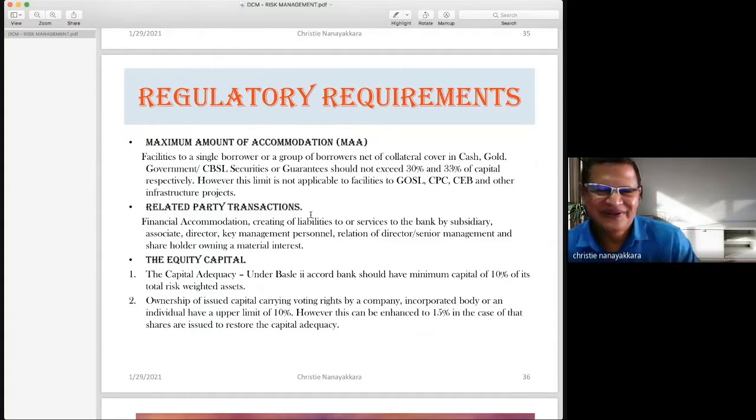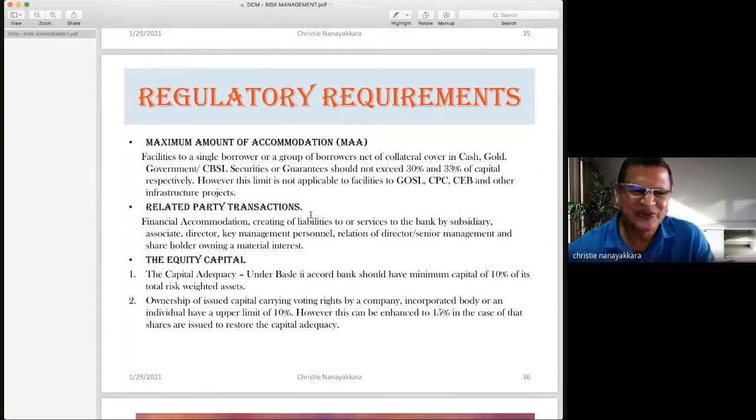Now I want you to go back to that day we created a balance sheet. You remember I put our balance sheet total assets at 100 billion. On our current asset side, we looked at cash, investments, and loans and advances. If I remember correctly, I put total current assets at 90. Then I said loans and advances 69, because 21 is required as liquid assets, so I deducted 21 from the 90 and arrived at 69.